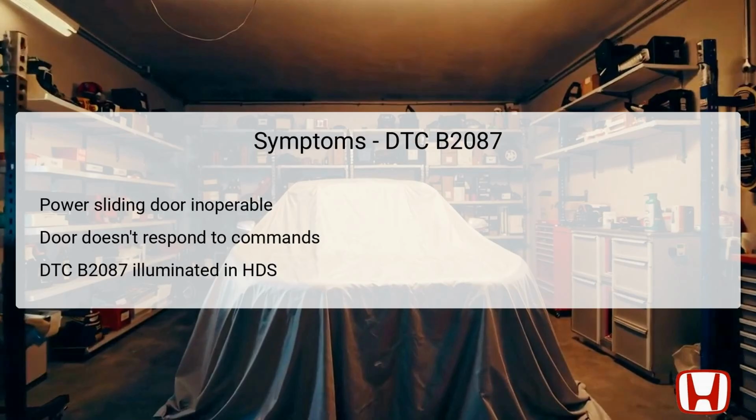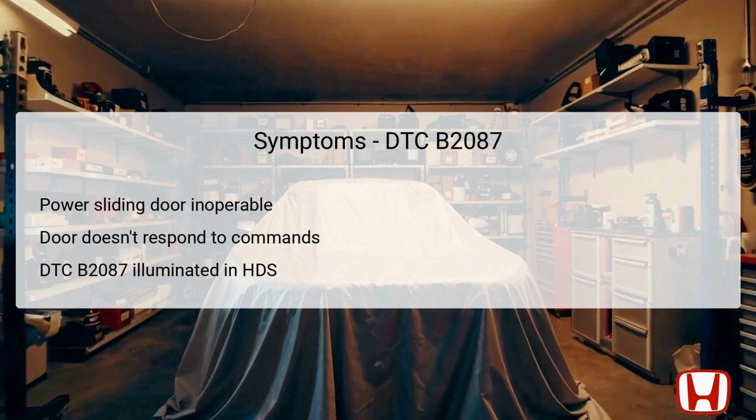When DTC B2087 is triggered, various symptoms may manifest in your Honda Odyssey. The most immediate symptom is that the power sliding door becomes inoperable, meaning it may not function at all when commanded to open or close through either the internal switches or remote control. Additionally, the door may completely refuse to respond to any commands, creating significant inconvenience for the users.